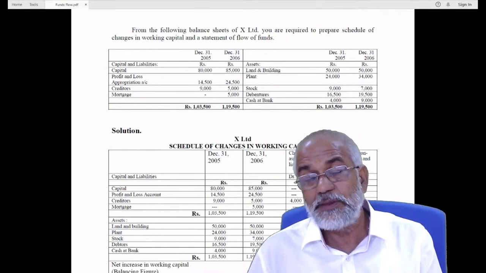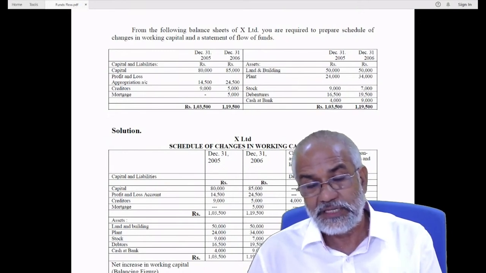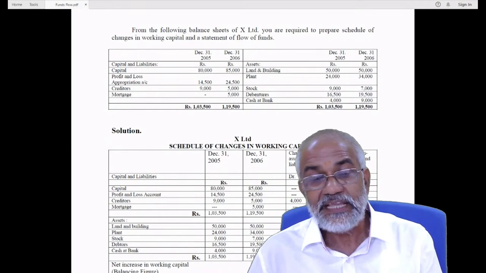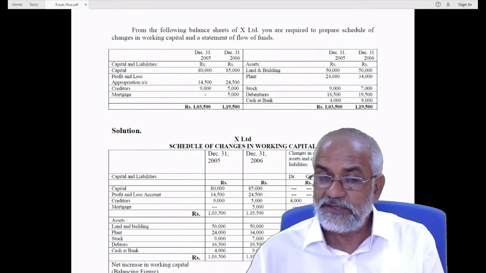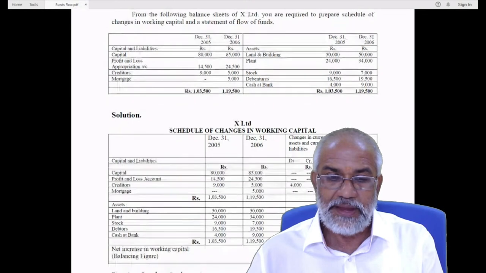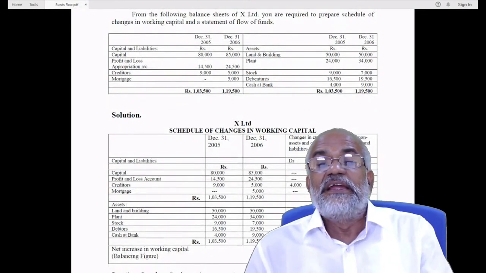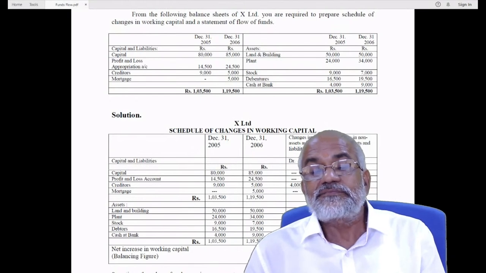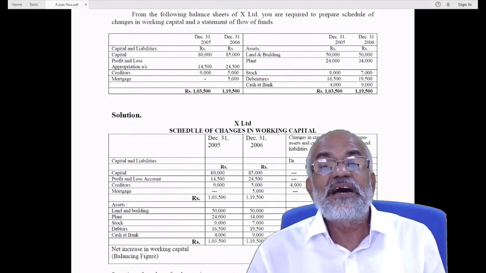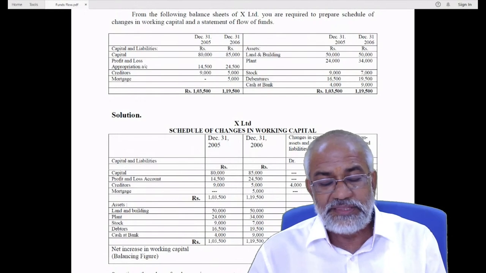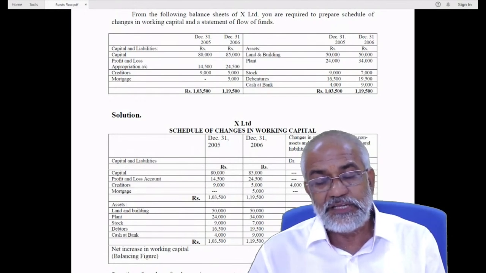And the very first step in preparation of the funds flow statement is the schedule of changes in working capital, or the statement of changes in working capital. Let us see how it is prepared. It has different columns. The first column is for particulars, where the names of the assets and liabilities have to be written.